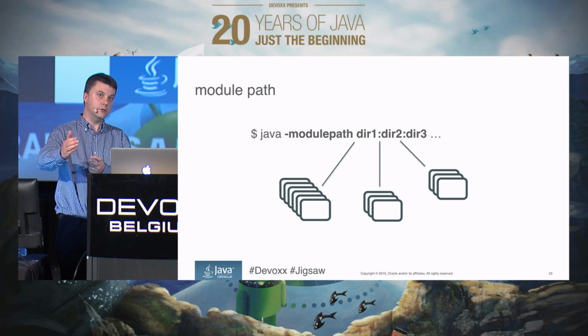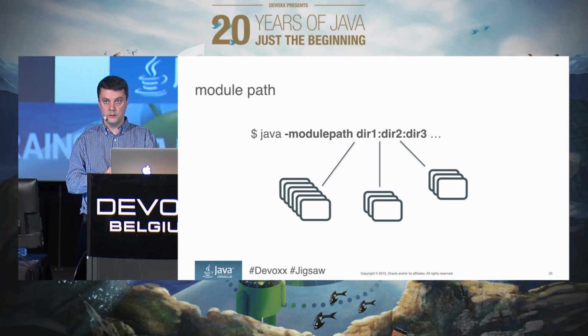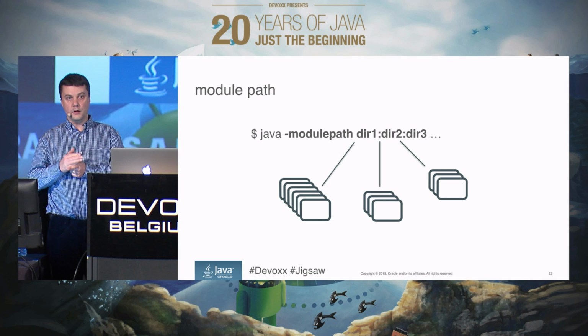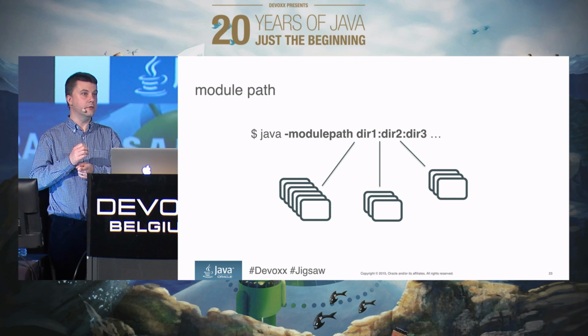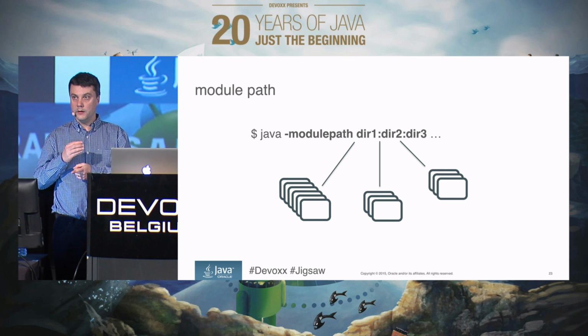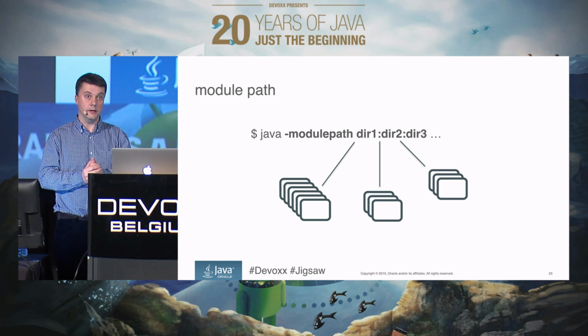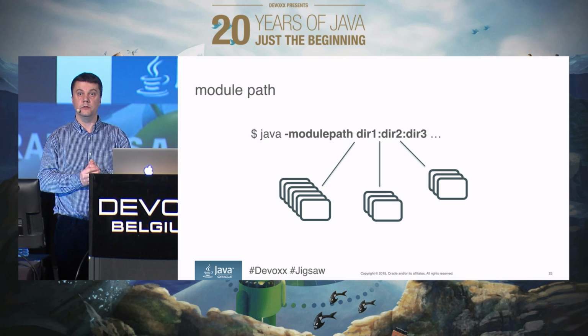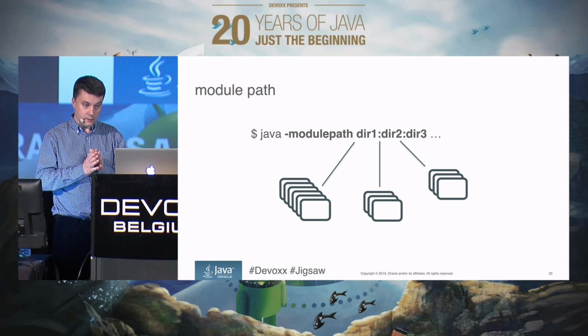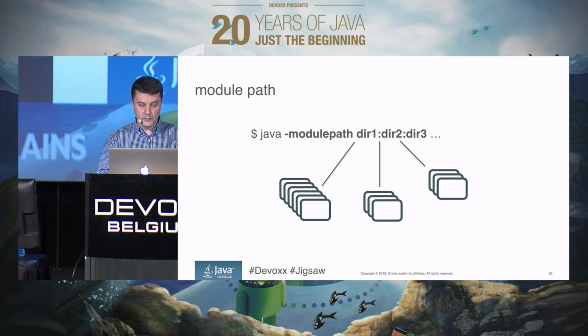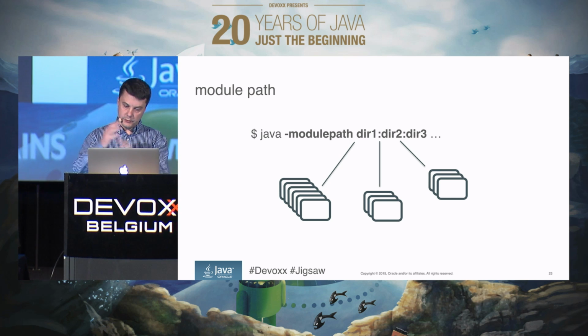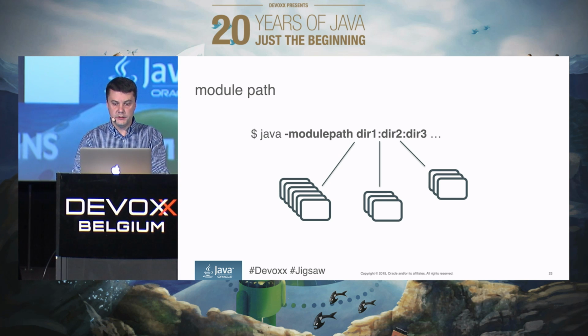If it's in any subsequent directories, it'll just be ignored. It's not possible to have two versions of a module in a directory. It's an error to have two versions of confu-bar in directory 1. The module system says, I can't deal with this, there are two of them there, how do you know which one? So that eliminates some of the complexity and unpredictability that you would otherwise have.